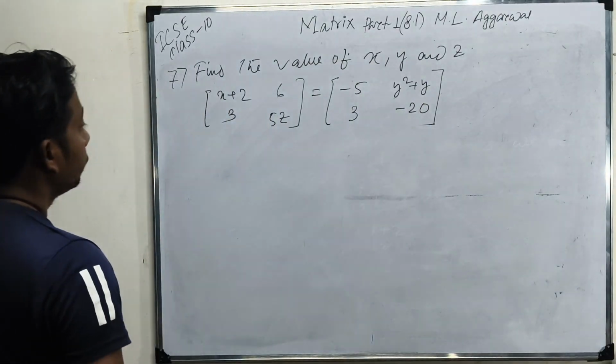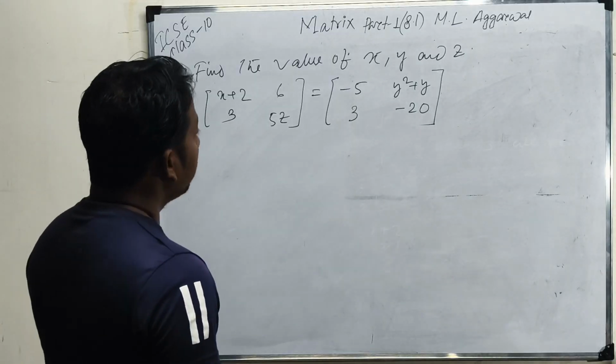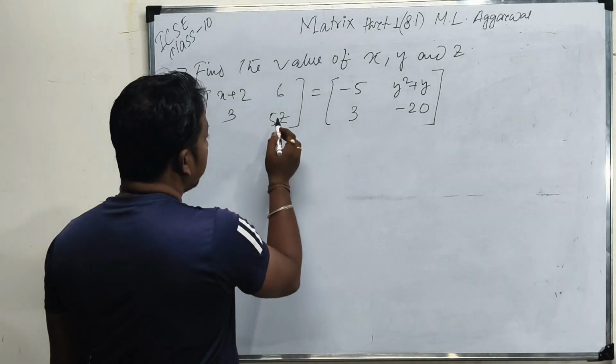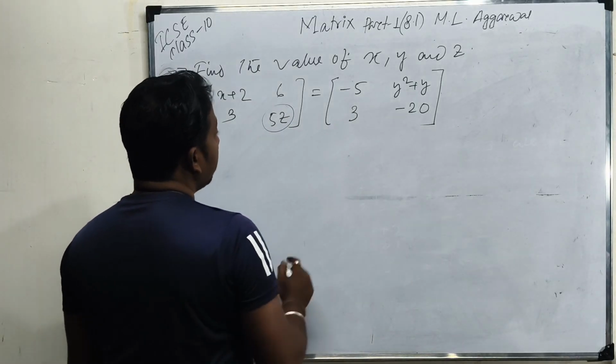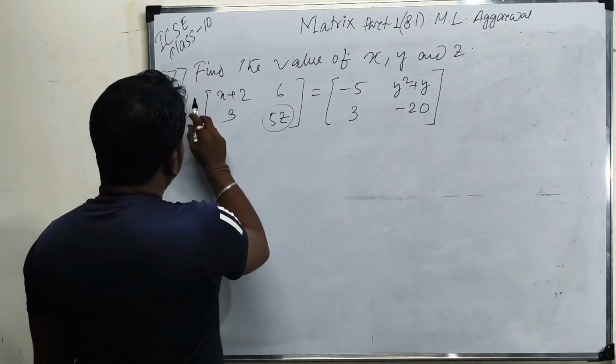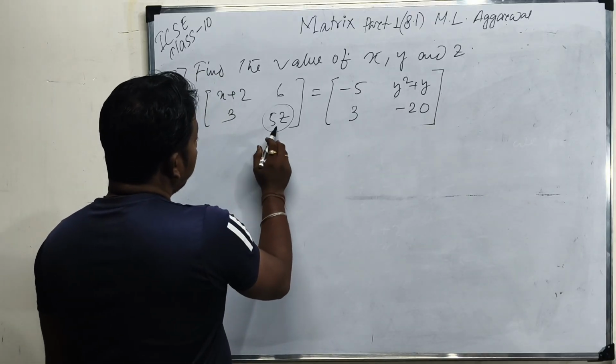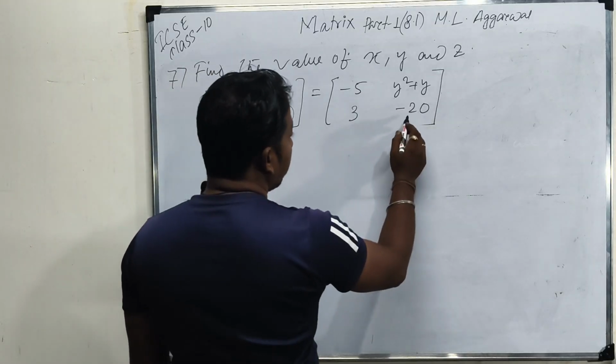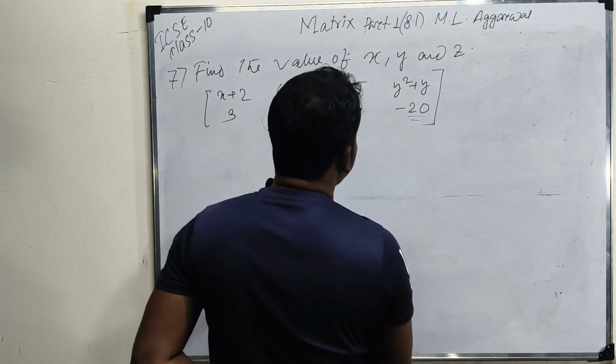So first look at the unique value that you can easily find out, that is the position of 5z, that is the a22 position, and here the value at the a22 position is minus 20.